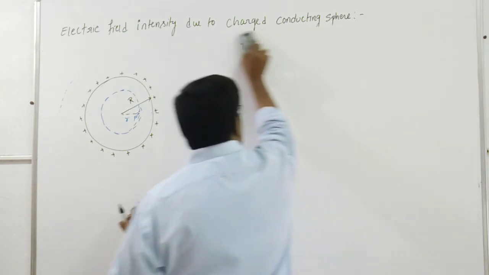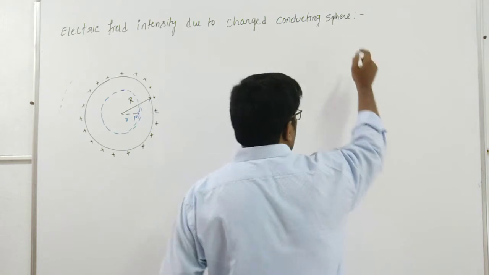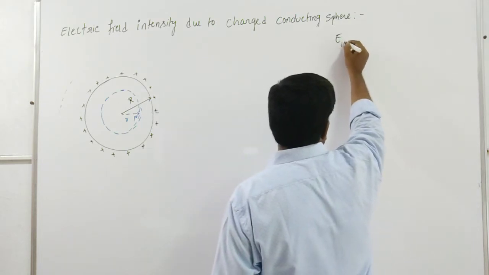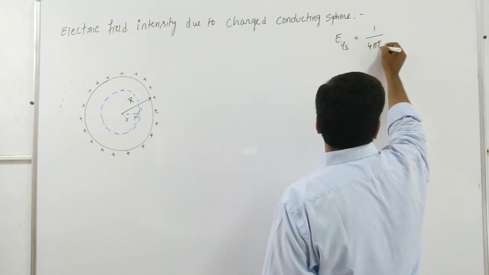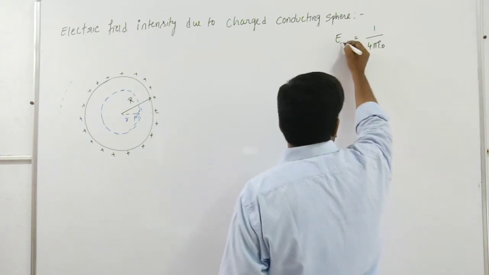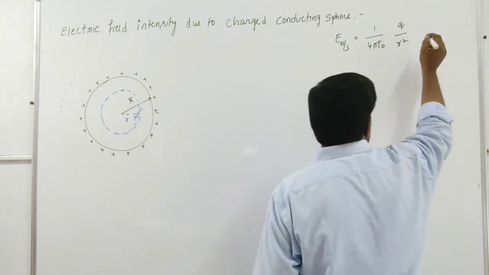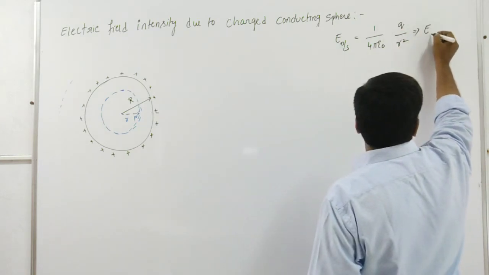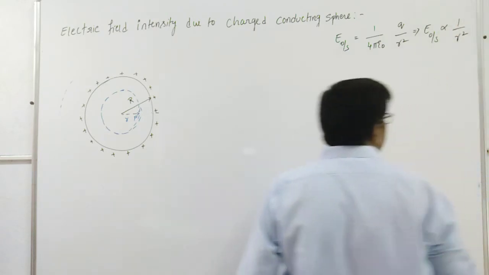I am just rewriting the results we discussed now, then we draw the curve. Outside, the electric field intensity is 1 upon 4 pi epsilon naught q by r square. From this, E outside is inversely proportional to distance square.